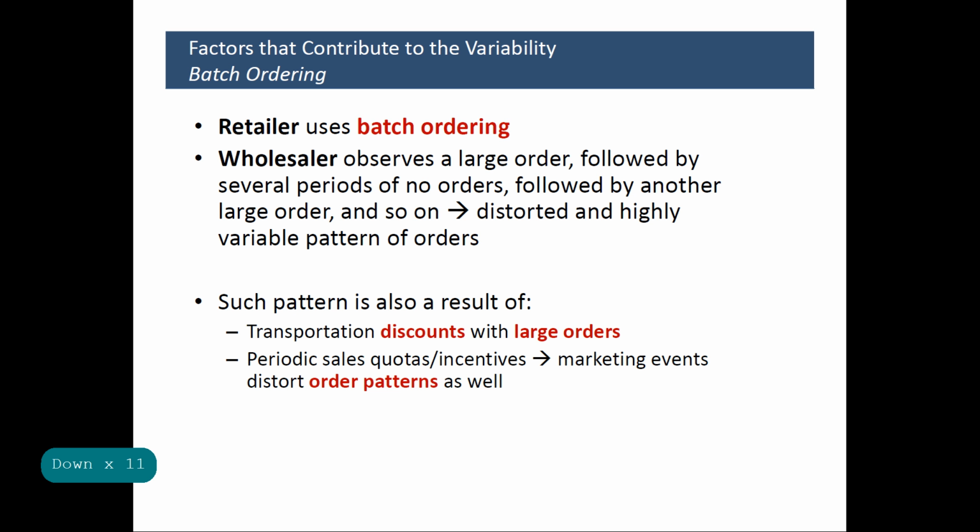Another important factor that we have not regarded too much until now, but I mentioned it so far, is batch ordering. So for instance, all supply chain partners, but especially also the retailer, use batch ordering.